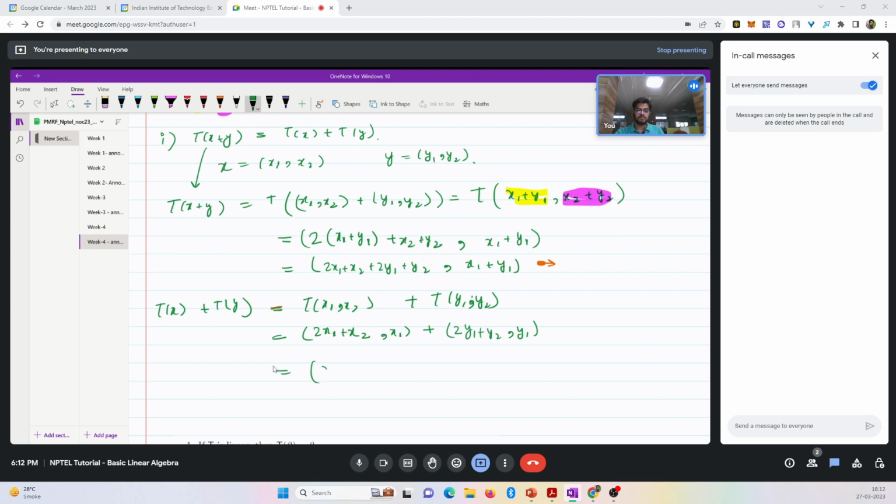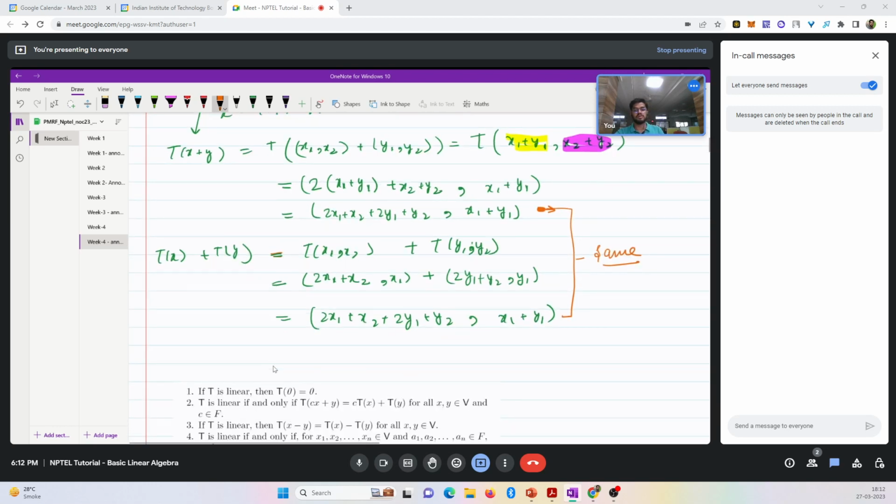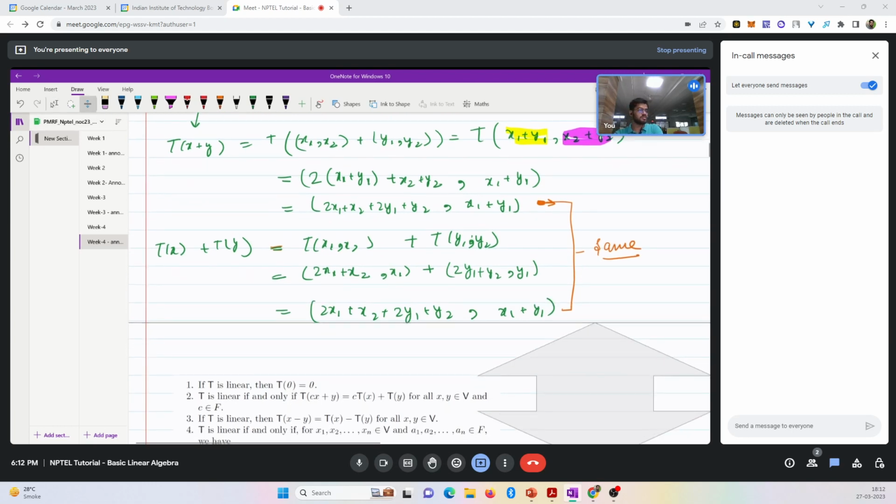This is equivalent to 2x1 plus x2 plus 2y1 plus y2, comma x1 plus y1. If you see now, these two quantities are the same. So we have proved the first property. Now we'll try to prove the second property in order to see whether this is a linear transformation or not.